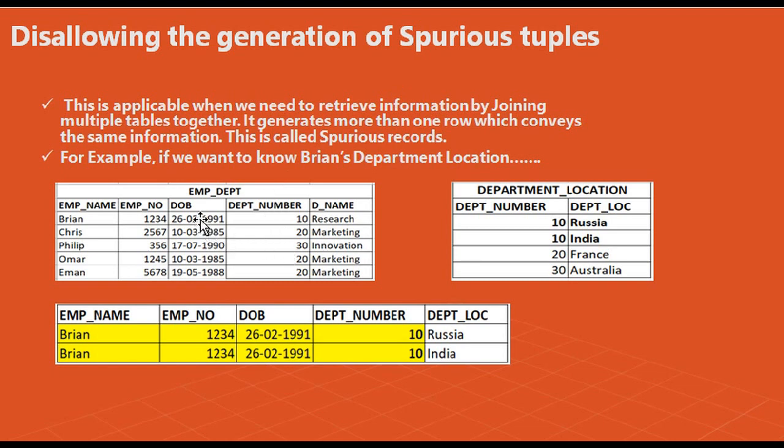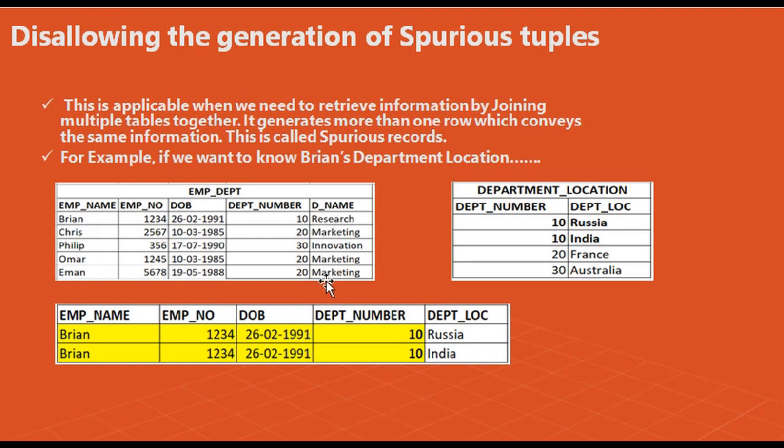Now let's say I need the information of employees and the associated department with department location. In the employee department table, I do not have the location information, but in the department location table, I have the department location. So I need to join these 2 relations. Now look at the third table, the last table on this screen.